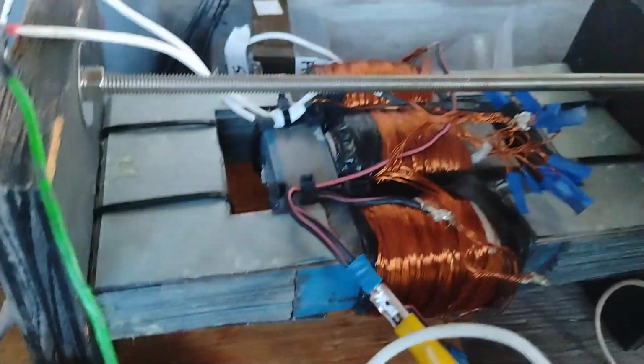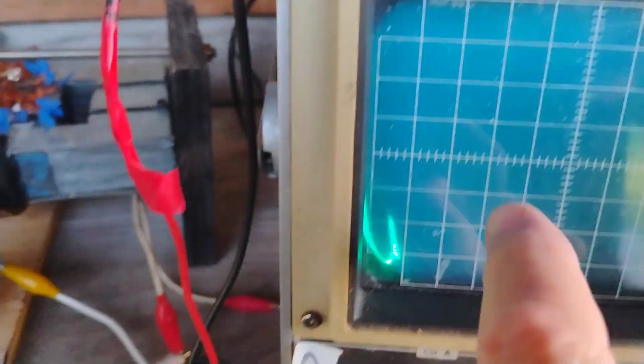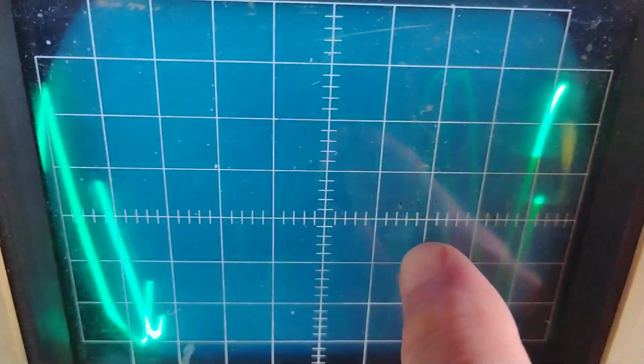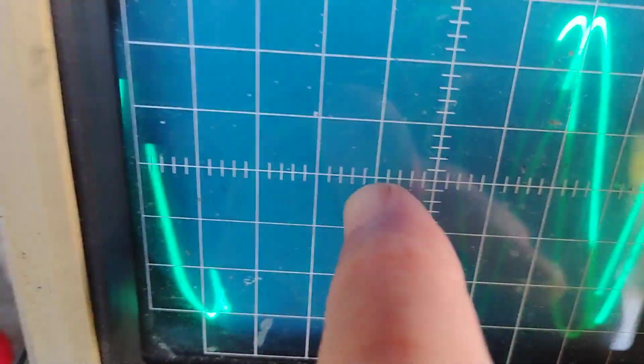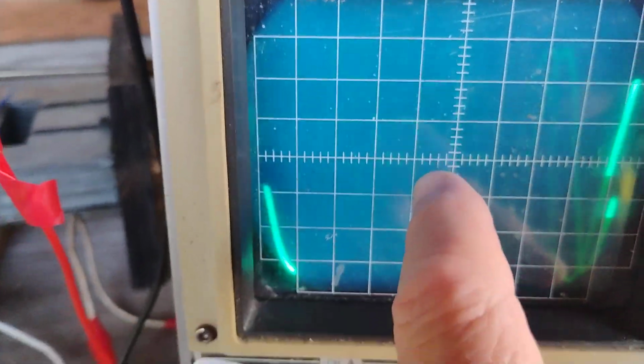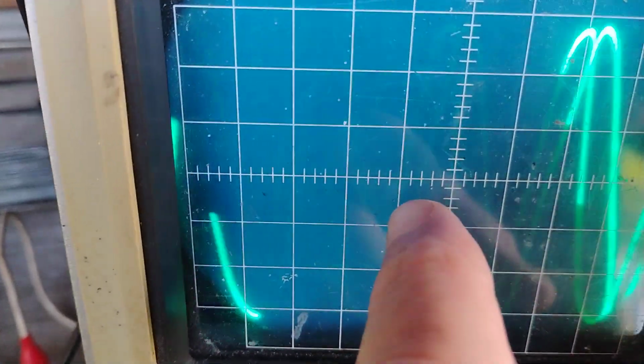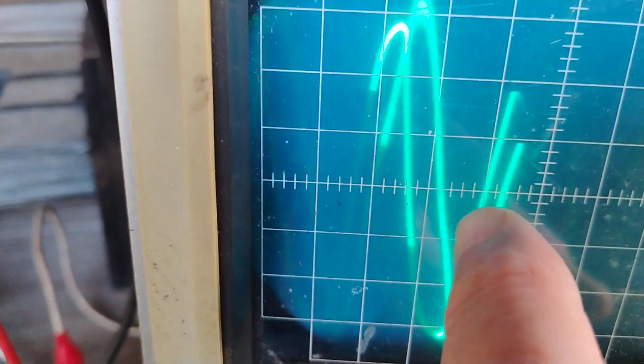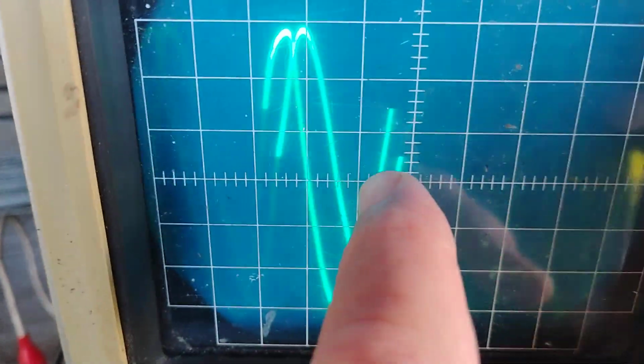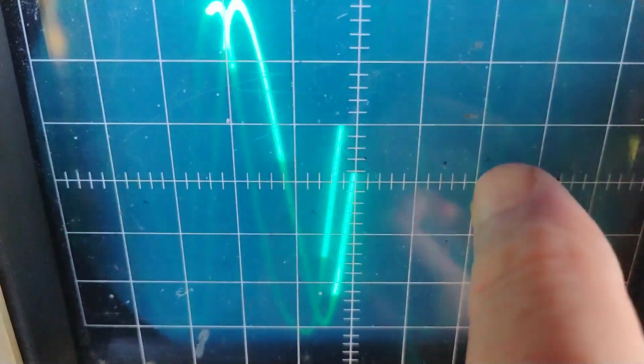Let's see, hold on one moment. Okay, I've been messing with the dial, so it's actually 13 spaces now, horizontal for one sine wave, from the zero line up, down, and then back to the zero line.